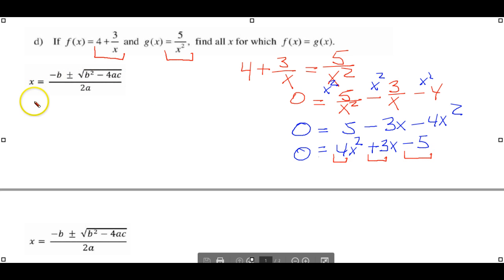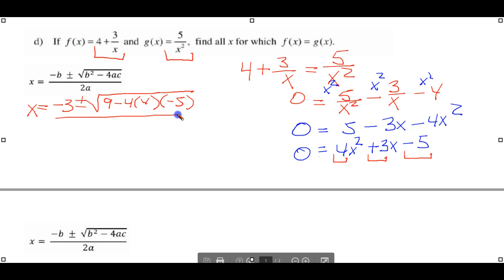Now let's put it into the quadratic formula. x equals negative b, which will be a negative 3, plus or minus the square root of b squared, which would be 9, minus 4, a, which we said is 4, and c, which we're saying is a negative 5. And all of this is going to be over 2a, which is 2 times 4 is 8.